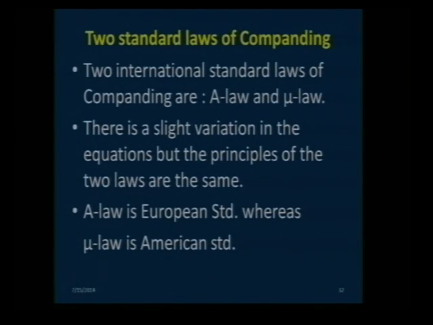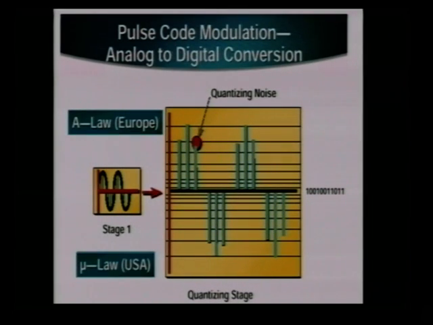You have two internationally standard laws for this, the A law and the mu law. One can see that the output of this scheme is simply the ones and the zeros. So you can have a good representation with the help of this slide.